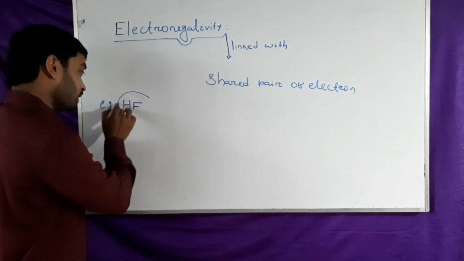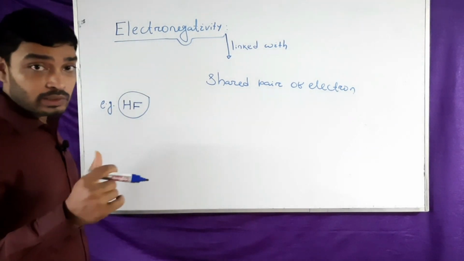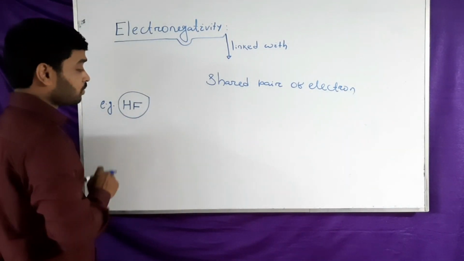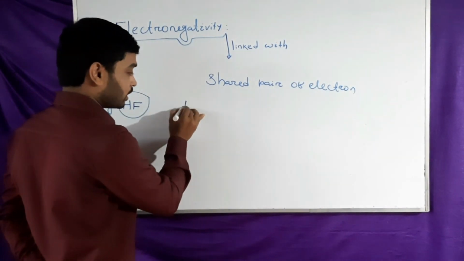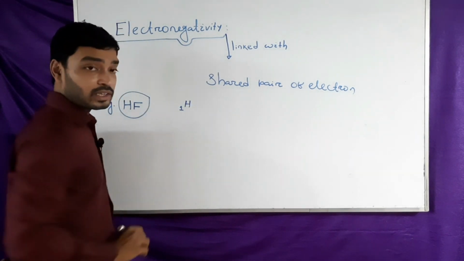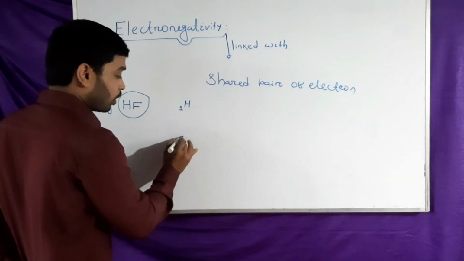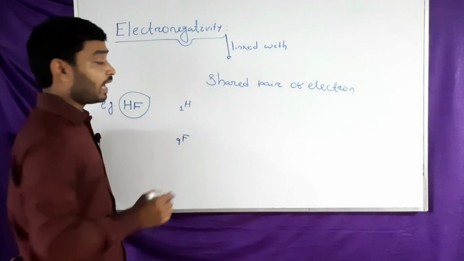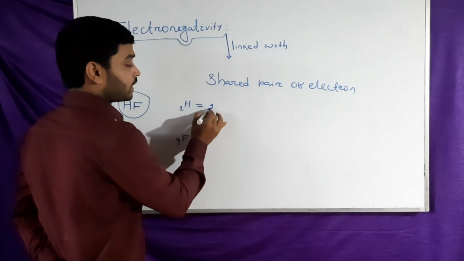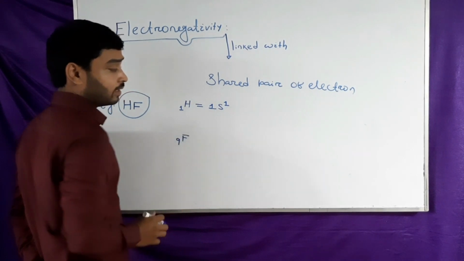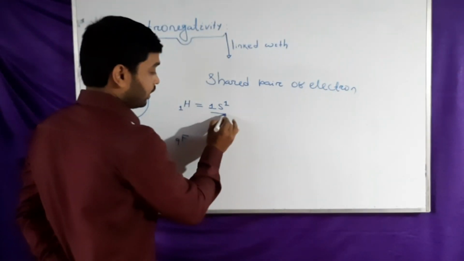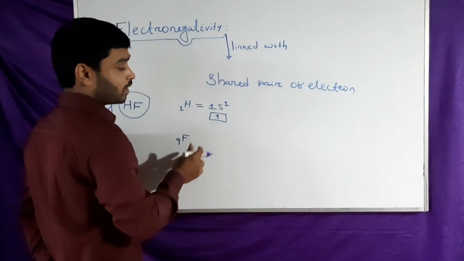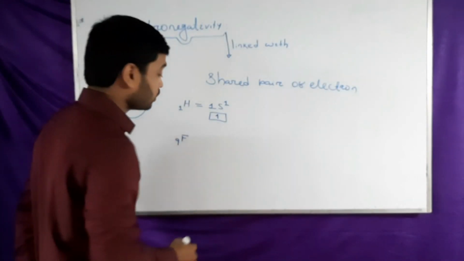So to understand this better, now I am going for the electronic configuration of the individual atoms. For hydrogen, you know that hydrogen has the atomic number 1. Similarly, the fluorine atom has the atomic number 9, and in hydrogen the electron is arranged in the s orbital, that is 1s orbital, and it has the box diagram or suborbital representation, which may be in a clockwise manner or anti-clockwise manner.